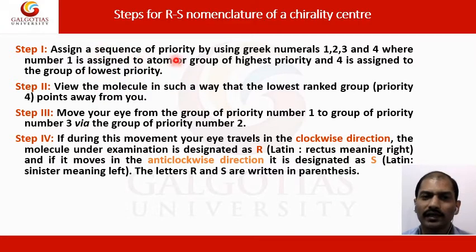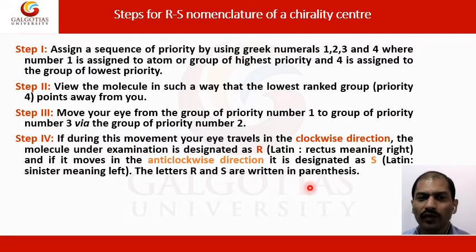So assign a sequence of priority using numbers 1, 2, 3, 4, where number 1 is assigned to the atom or group of highest priority and 4 to the group of lowest priority. View the molecule in such a way that the lowest priority group points away from you, on the rear or back side.